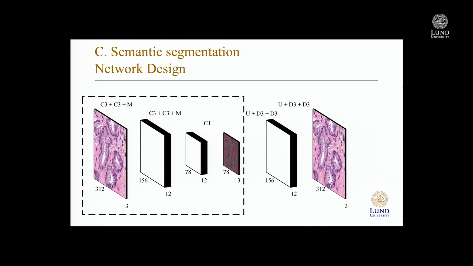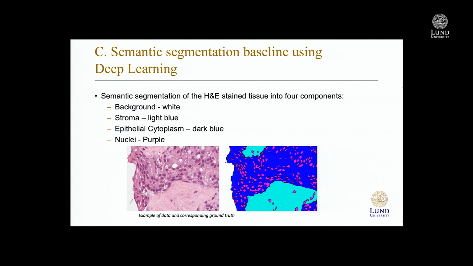So one idea is that maybe we could classify the different parts in an image: what is white background, what is something called stroma, what is the cytoplasm, and what are the cell nuclei. If we could do that and then build a classifier on that, then it would perhaps be more robust to changes in coloring.